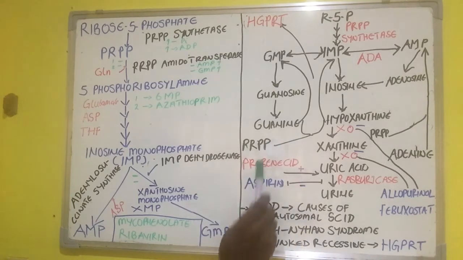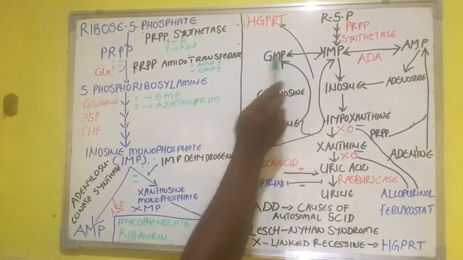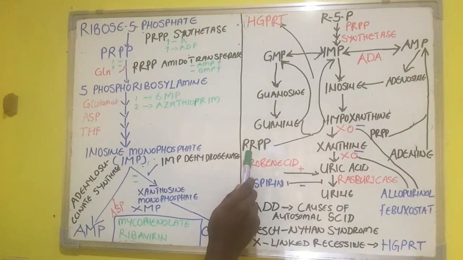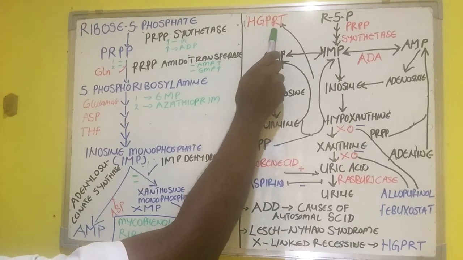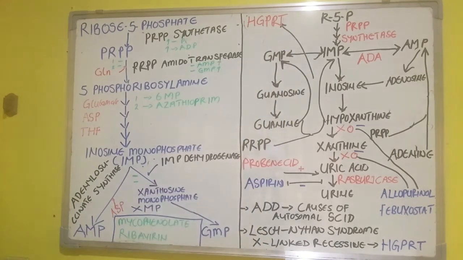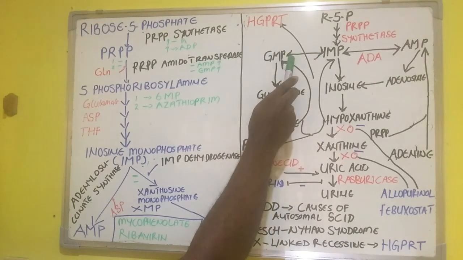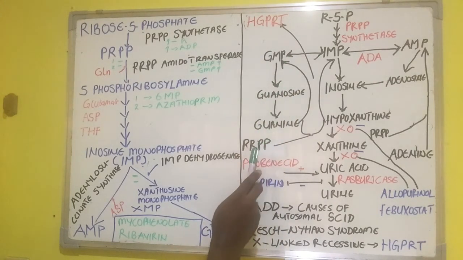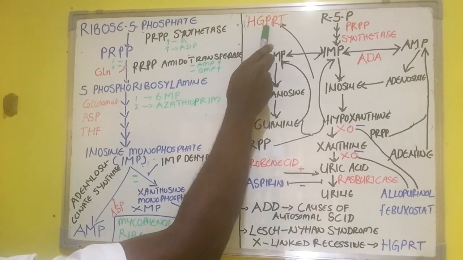Another thing we should take note of is that guanine can be converted to GMP through the help of PRPP and the enzyme hypoxanthine guanine phosphoribosyltransferase.